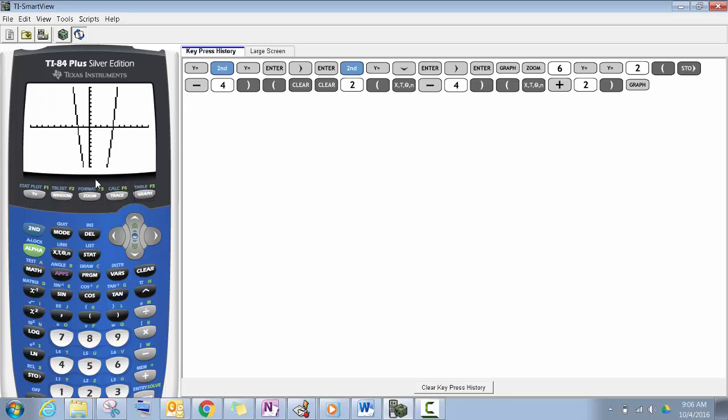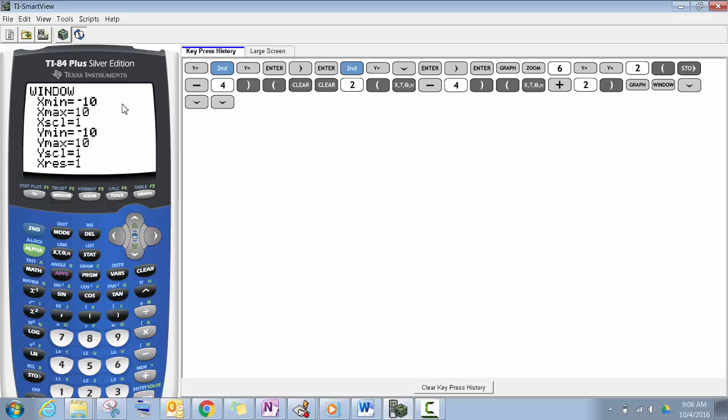Now we can't see what we need to, so we need to change the window. We don't see low enough, so we have to change our window on the y-axis on the negative side and make it go down a little bit lower. So we'll just change that to -20. And we have everything we need.